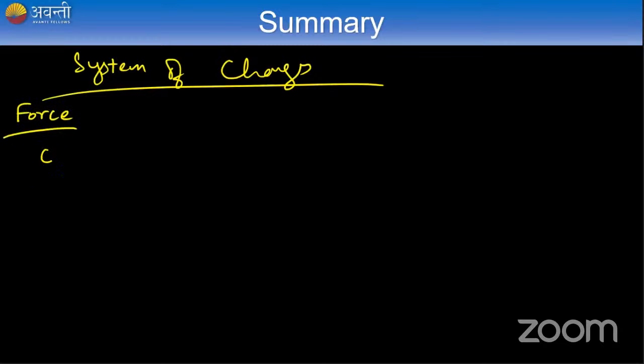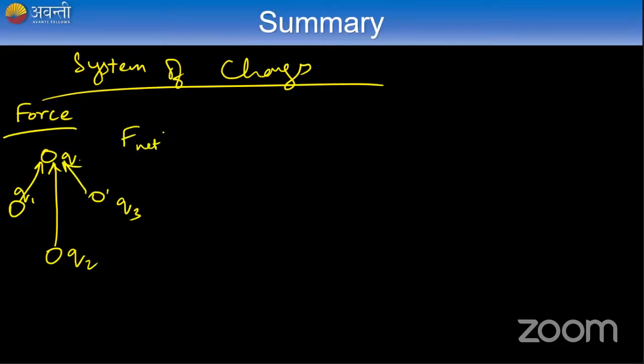First, let's talk about force. What did we do for n number of charges? If you remember, Q1, Q2, and Q3 acting on this small test charge Q. So what was considered here? F net is nothing but the summation of F1Q, F2Q plus F3Q.